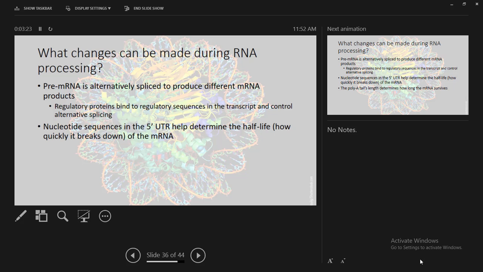On top of that, we've got in the 5' untranslated region, which is before the part that actually gets translated, there are modifications that we can do there to shorten the half-life of that RNA. And the half-life is basically how much time passes for half of it to be degraded.